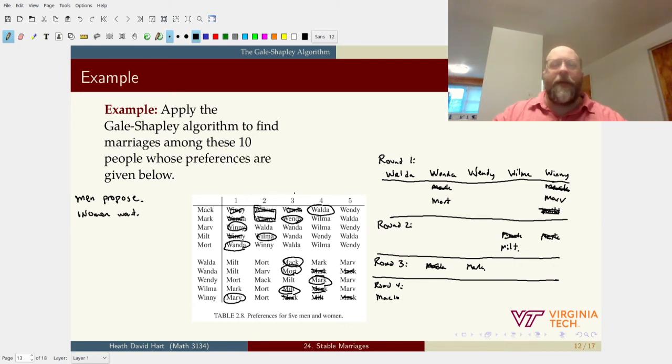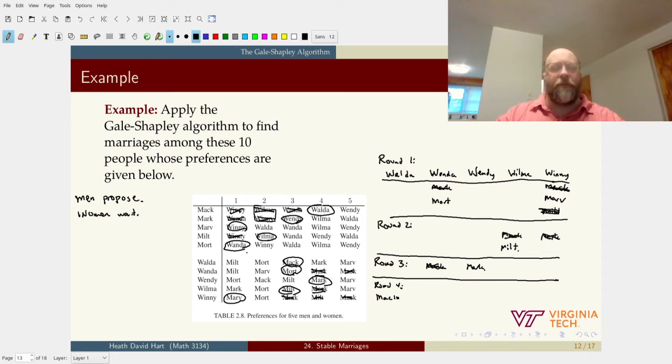It's stable because every man has tried approaching their preferred women and were turned down every single time. And so no man is going to be able to leave the woman that they are married with now because anybody that they would prefer has already rejected them.